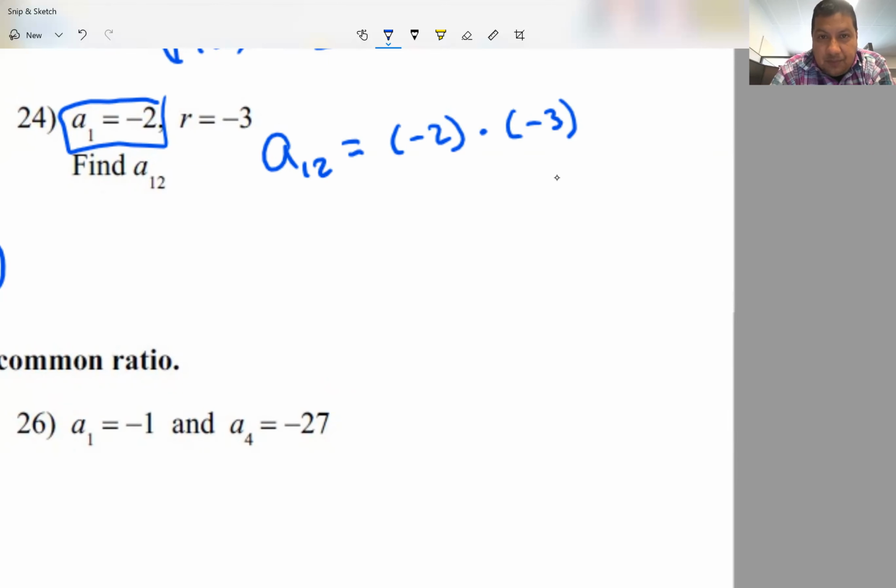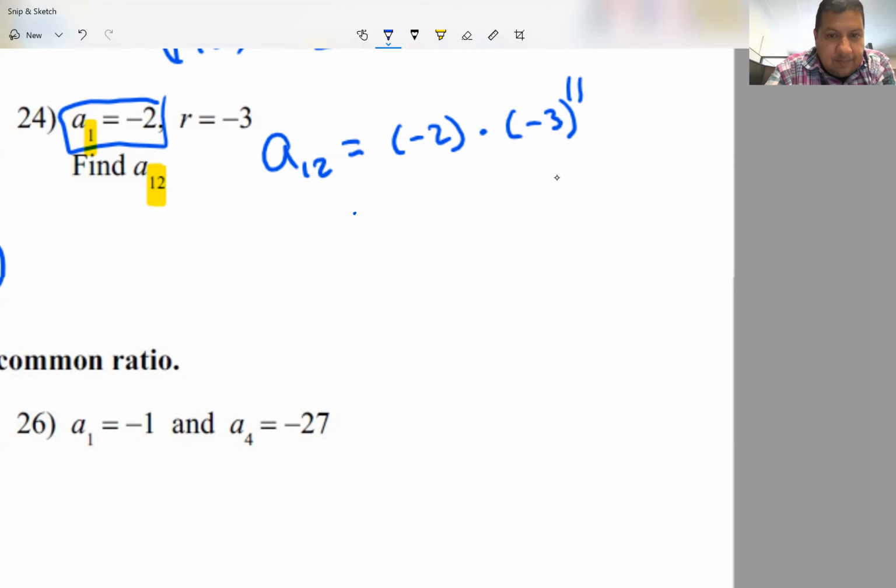When I think of an exponent, I see that I'm finding the 12th number on the list, and the number that I started with was the first number on the list. So 12 minus 1, because I subtract those numbers, I'm going to multiply my ratio 11 times. Again, I subtracted those numbers. That's how I know how many times I'm going to multiply my ratio.